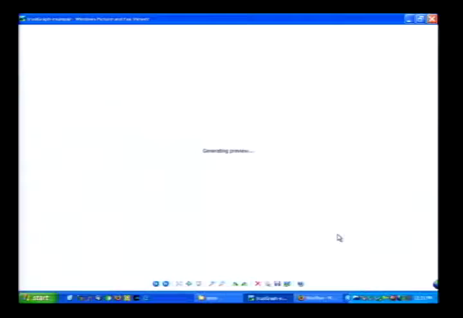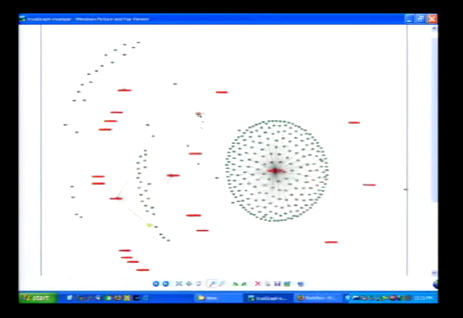So here we've got about 312 different systems, which are represented by the blue ovals. Those are computers. And the orange rectangles represent connections between those computers.